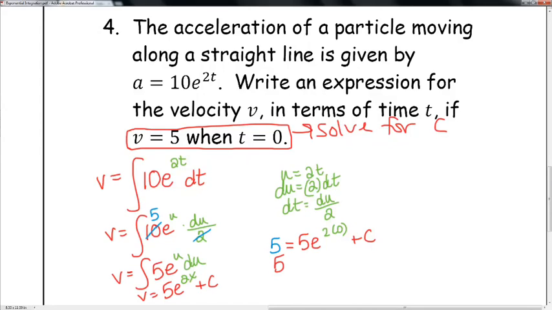So we have 5 is equal to 5e to the 0, because t is 0. e to the 0 is 1, so 5 times 1 plus c, so c is actually equal to, in this case, 0. So our velocity function is 5e to the 2t. And now we're done.